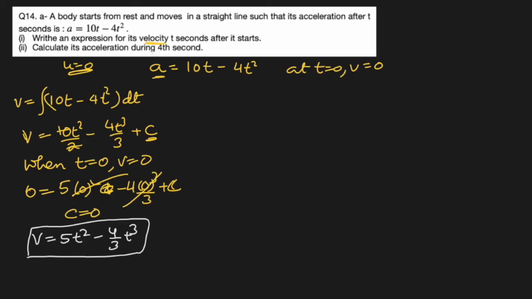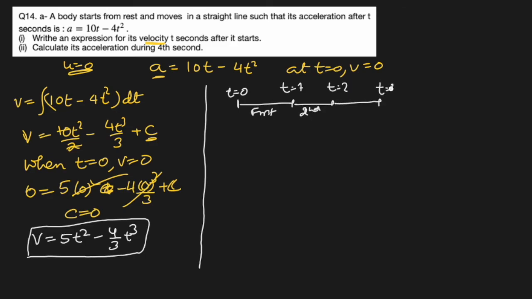Calculate its acceleration during the fourth second. So we should be very clear. When t is the fourth second, right? So t equal to 0, the time starts here. T equal to 1, this is the first second. T equal to 2, this is the second.